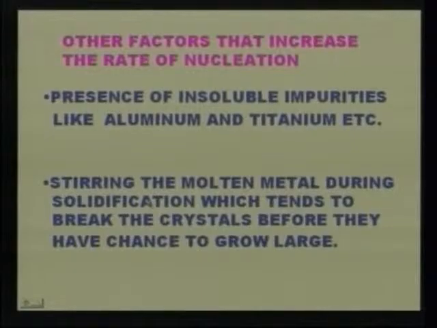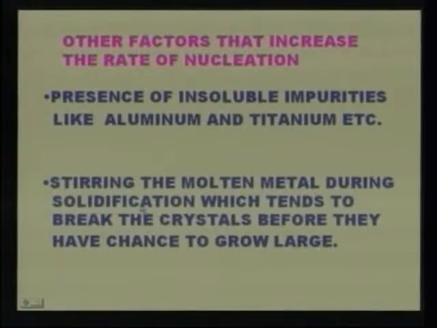Now you can consider another factor, that is stirring the molten metal during the solidification, which tends to break the crystals before they have a chance to grow large. See, as we discussed, coarse grain material is disadvantageous. If the grain size is increased, we are losing some of the advantages in mechanical properties.